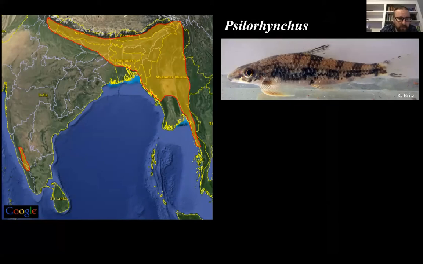And it's also found, one species is found in the Western Ghats region of India. So these are rheophilic fishes. They live in fast-flowing water, and that water is usually well oxygenated and quite cool.